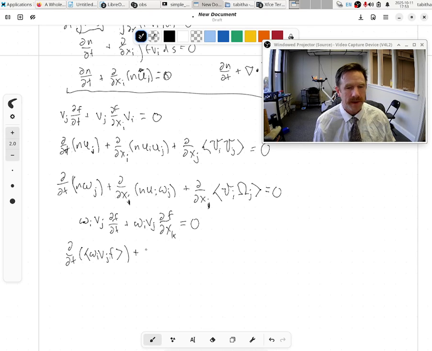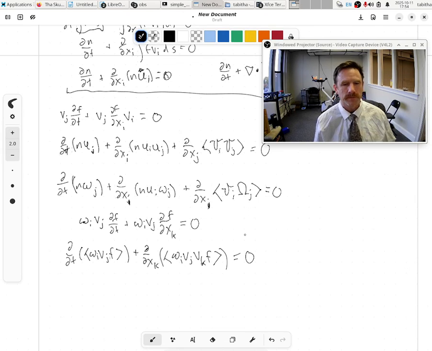And then we have d by dxk now of omega I Vj Vk. And so this is a second order transport equation.